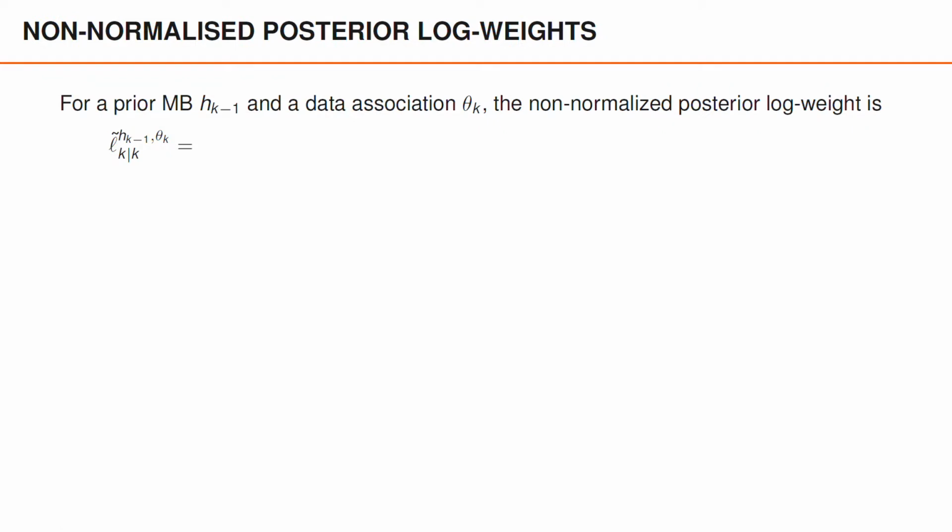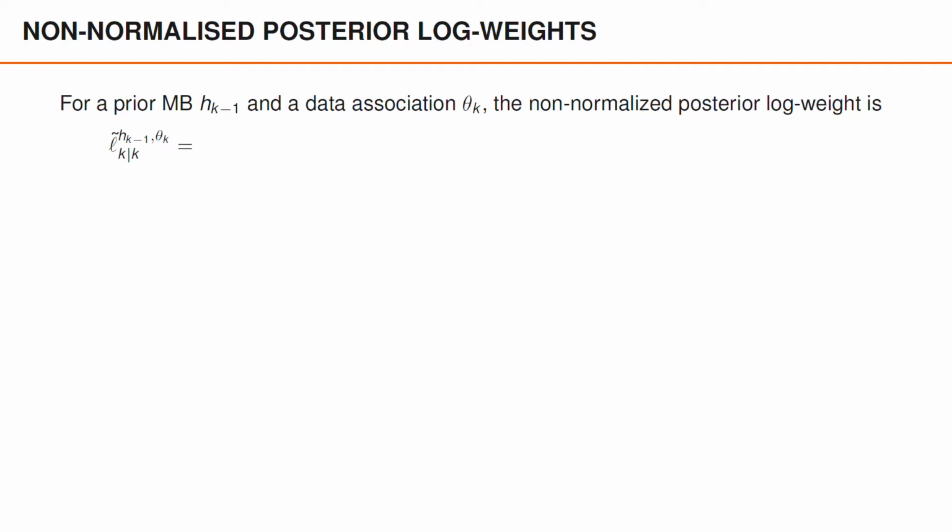For the posterior multi-Bernoulli mixture parameters, we also need the posterior log weights. These can be obtained by computing non-normalized log weights and then normalizing, using the normalization that was presented when we talked about n-object tracking.